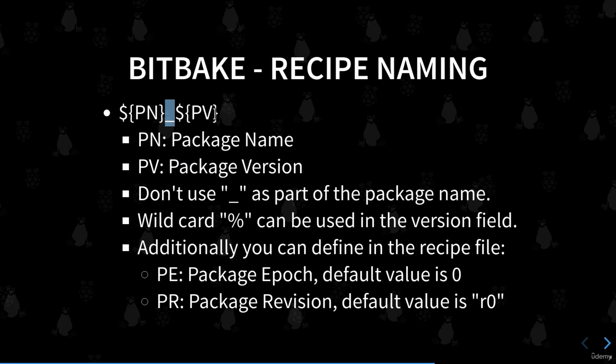For instance, if you're doing an append recipe and you want to make that recipe apply irrespective of the actual package version, you can just specify a percentage sign, which will be replaced by whichever version Bitbake then takes on. Additionally, inside the recipe file, you can also specify, regarding the package versioning, the package epoch, which the default value is 0, and the package revision.